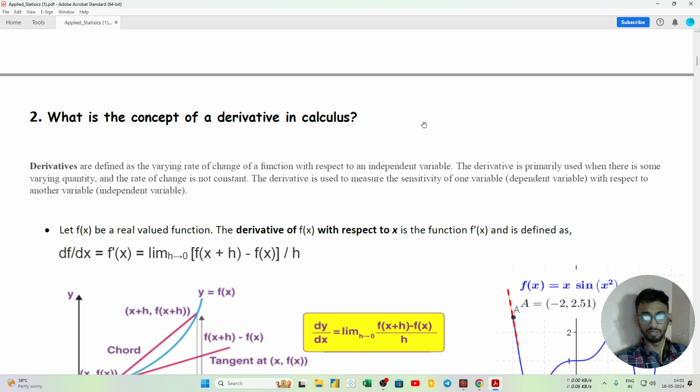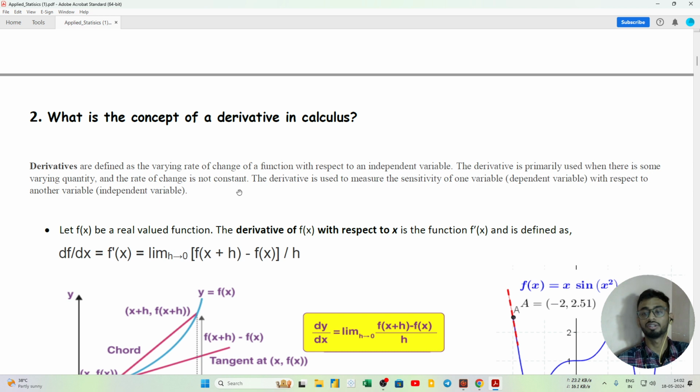What is the concept of derivative in calculus? So derivative, as we know, is also called differentiation. One of the most important parts of calculus is the derivative, and the base of derivative is limit.